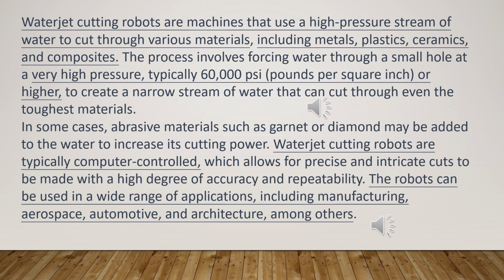In some cases, abrasive materials such as garnet or diamond may be added to the water to increase its cutting power. Water jet cutting robots are typically computer-controlled, which allows for precise and intricate cuts to be made with a high degree of accuracy and repeatability.